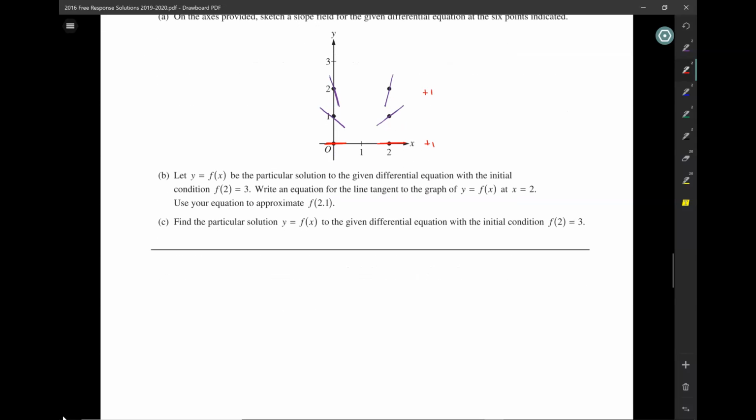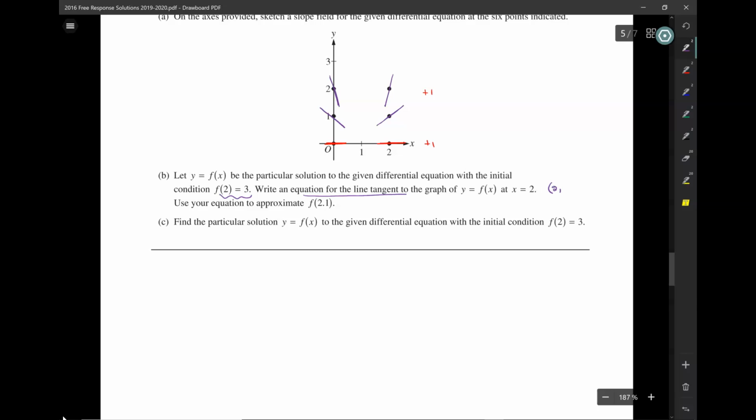Okay, let's move on. Let y equals f of x be the particular solution to the given differential equation with the initial condition f of 2 is equal to 3. Write an equation for the line tangent to the graph of y equals f of x at x equals 2. So we want an equation for the tangent line.